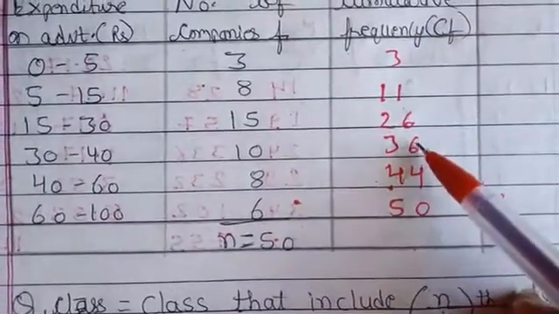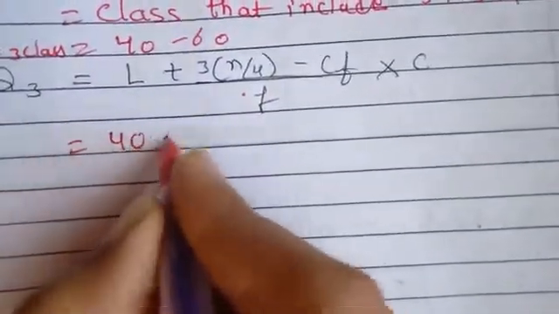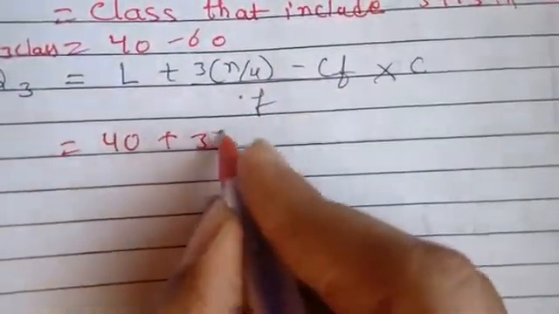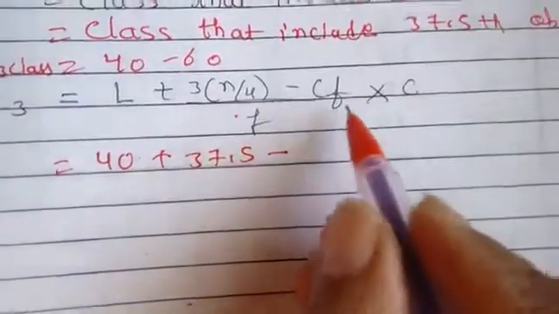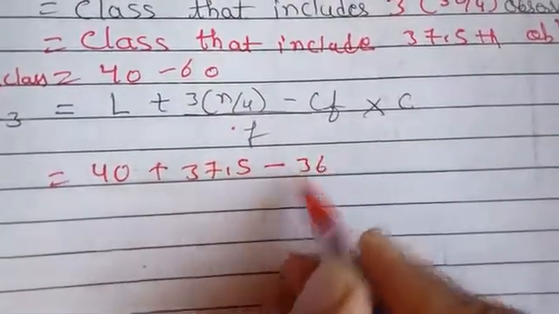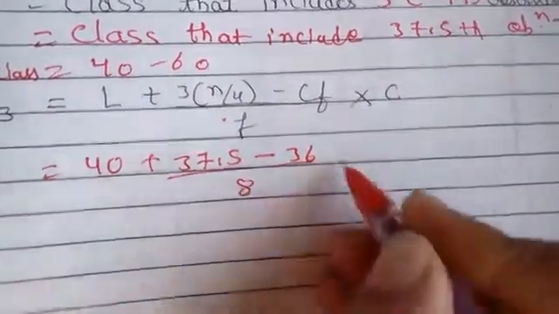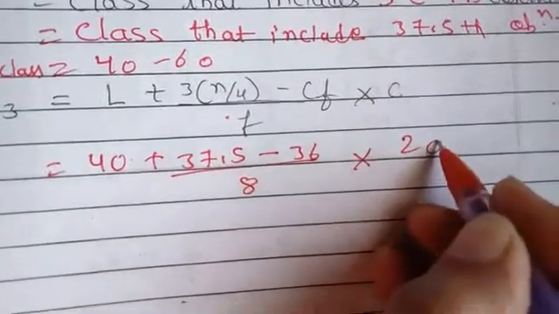So the previous CF is 36 and F is 8. All things we will put in our formula. L is 40 plus 3n by 4 is 37.5 minus CF of the previous class, that is 36, upon F, that is frequency 8, multiplied by C, that is 20.